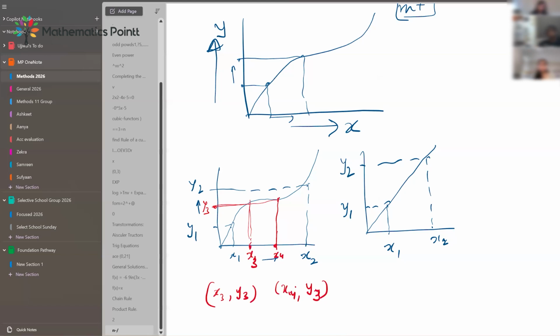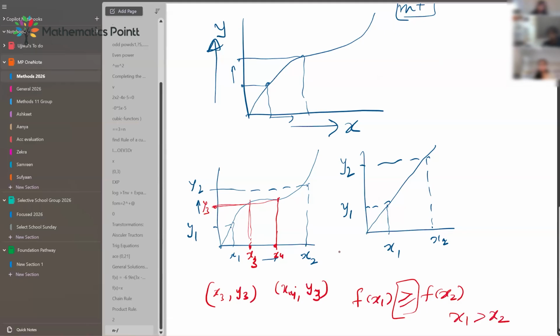This is still an increasing function. So I say when x1 is greater than x2, f of x1 can be greater than or equal to f of x2. This equal to sign comes into play. The y value can be the same.